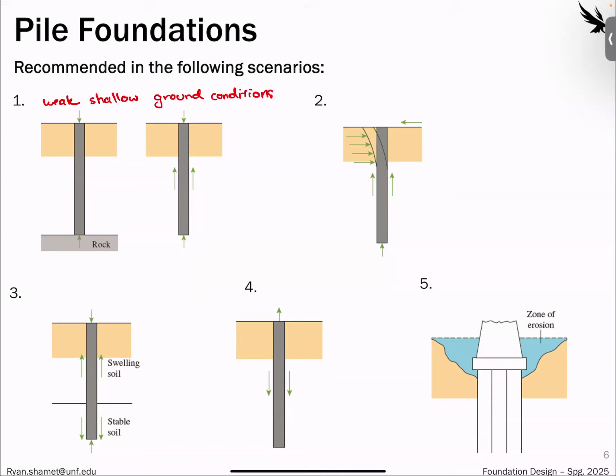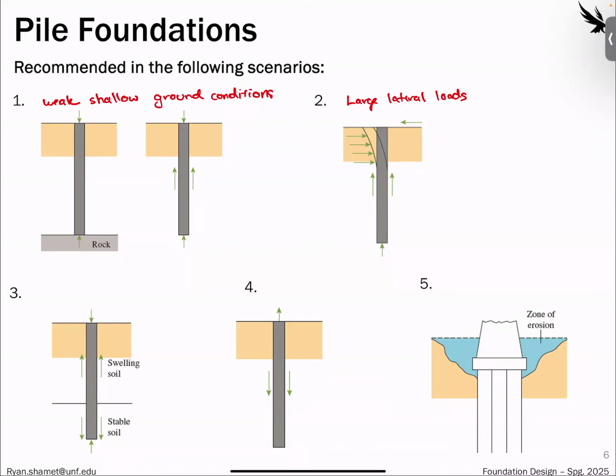The other time you might want to use piles is for large lateral loads. If you think about it, a pile essentially extends the center of gravity of the entire structure down.